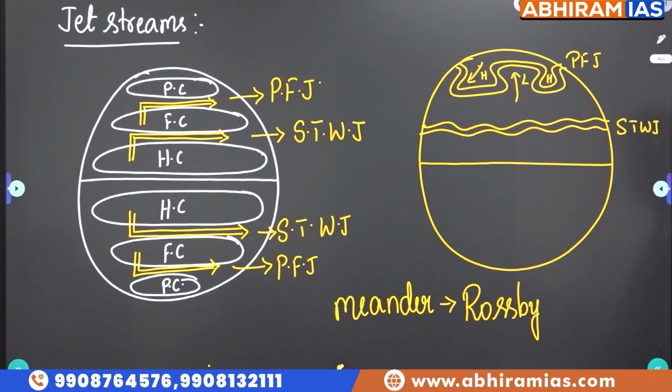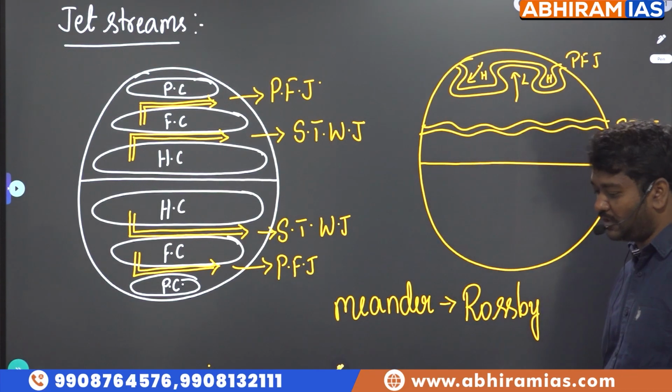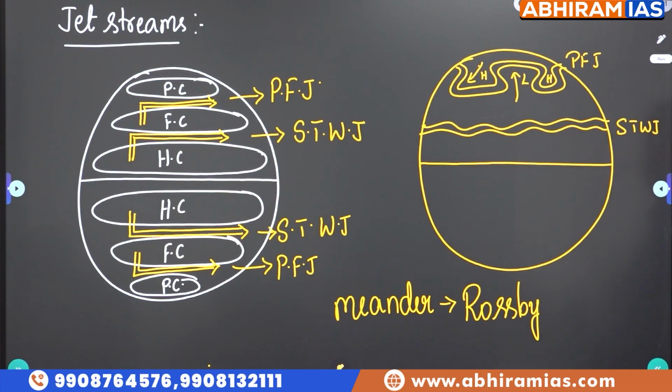Okay, second point. Jet streams meander because of: first one, air masses. Second, cyclones.